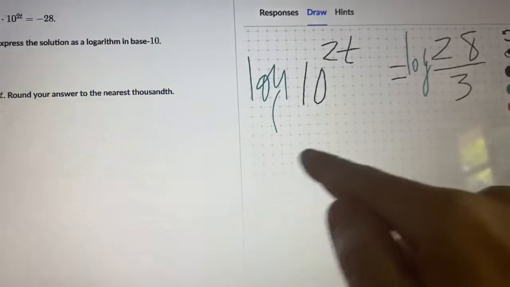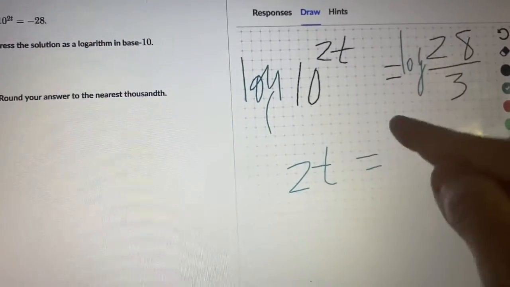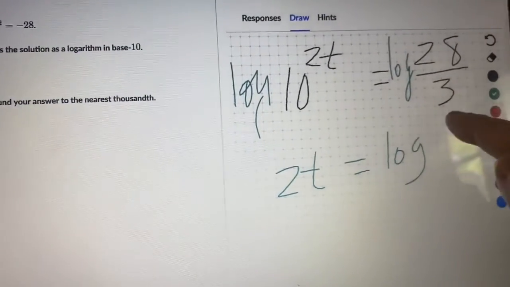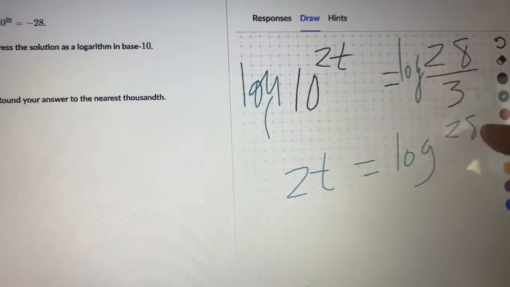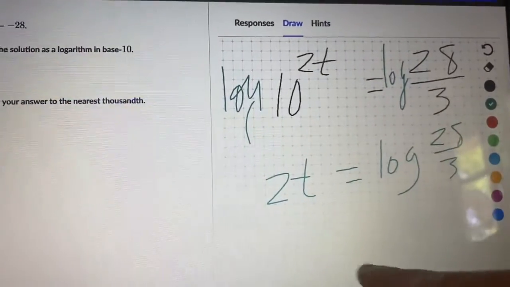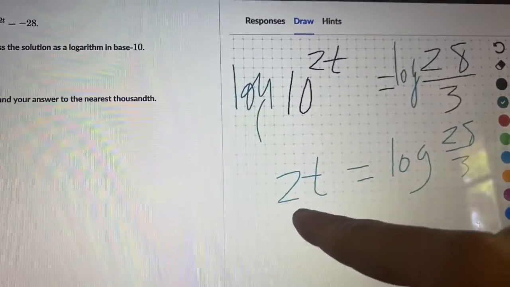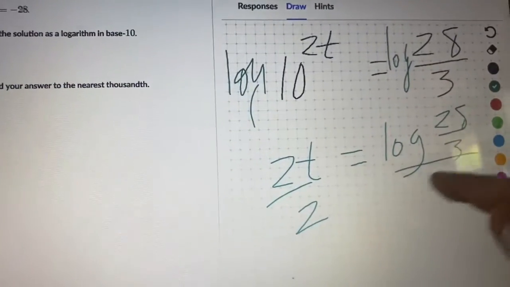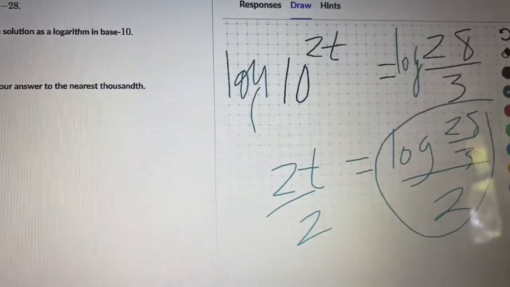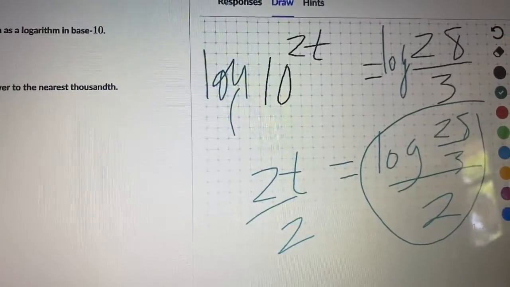So I'm going to have 2t equals the log of 28 over 3. Last step, I'm going to divide that by 2. And you can leave your answer like this. You can put it as 1/2 log 28 over 3.